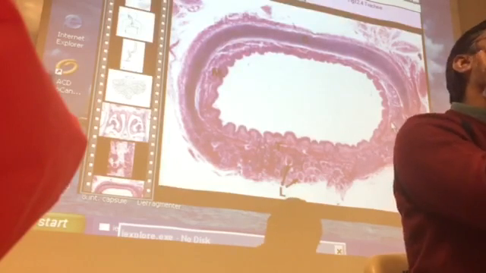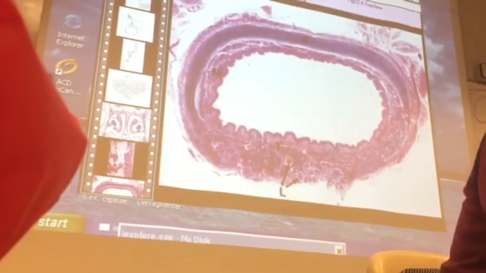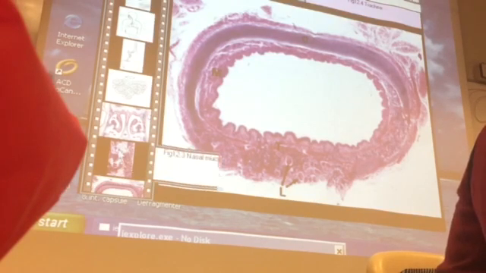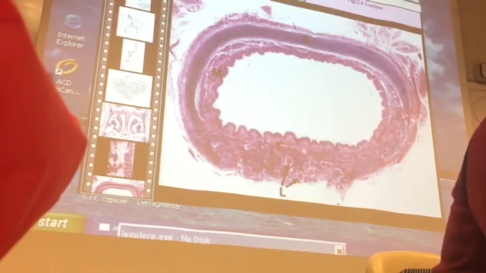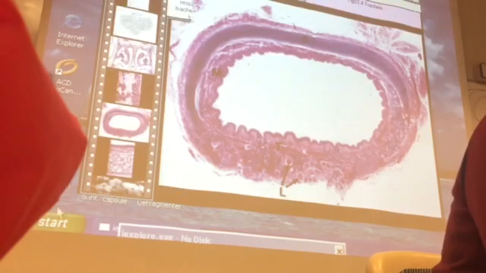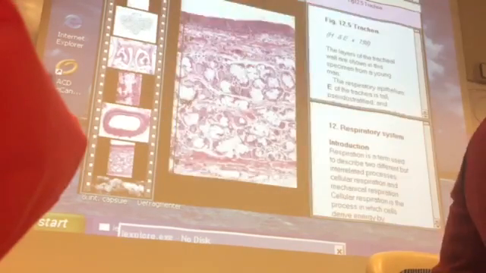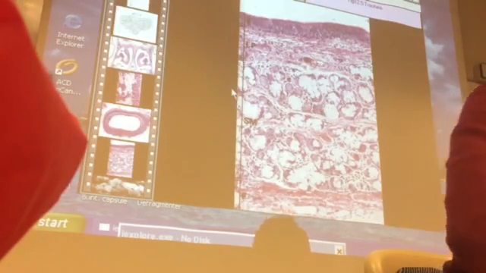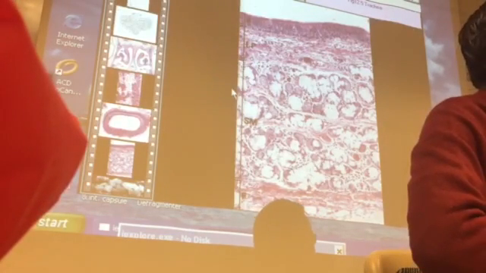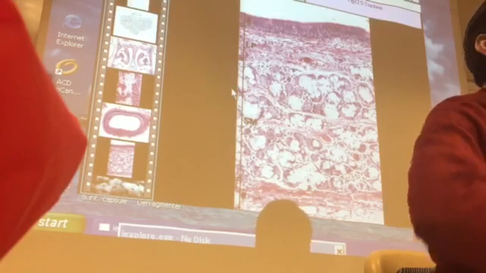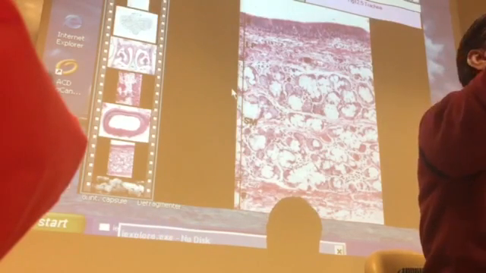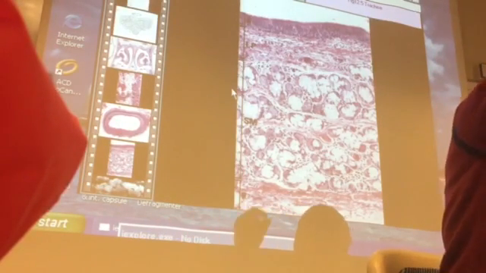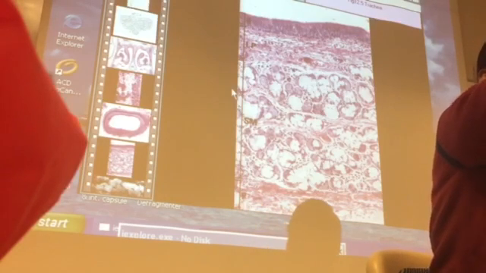Okay. Now let me show you. Let us start from inside. Inside is what? Epithelium. So the epithelium of the trachea is the same respiratory epithelium. And you know what the respiratory epithelium is? What is the type of respiratory epithelium? Pseudo-stratified, columnar, ciliated with goblet cells.